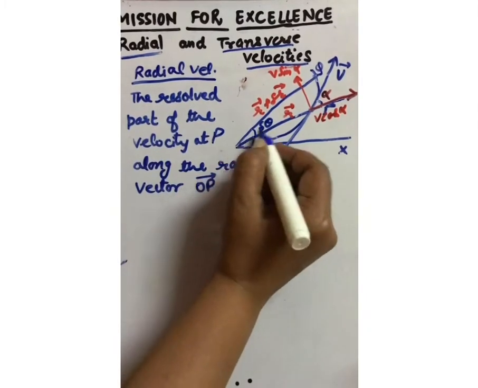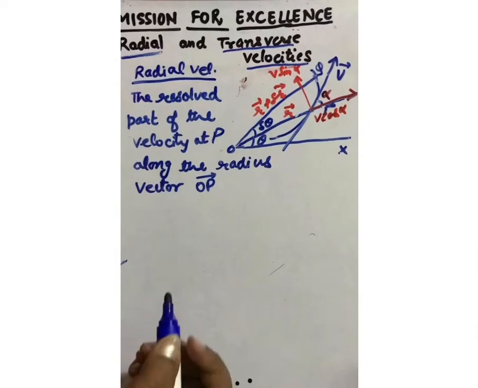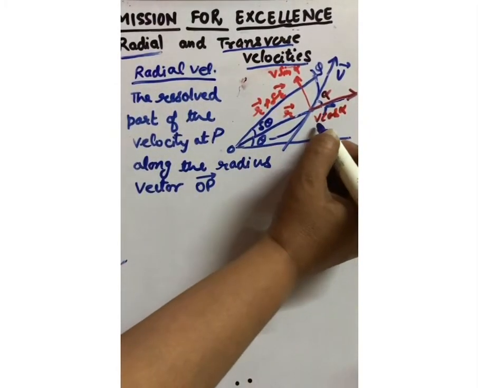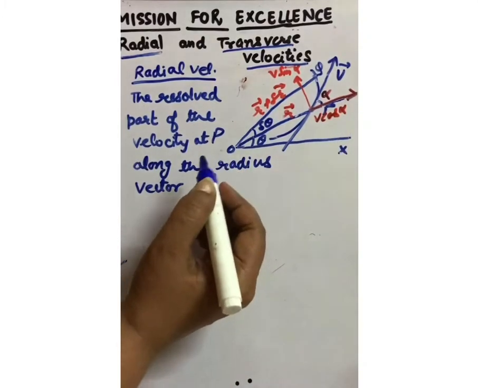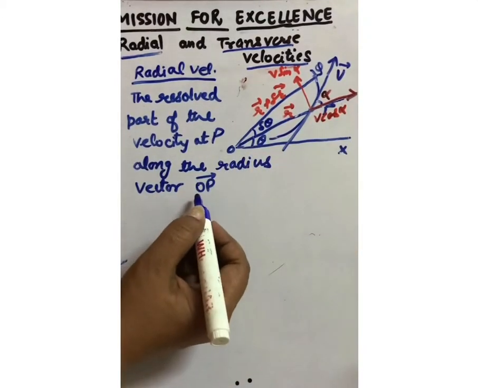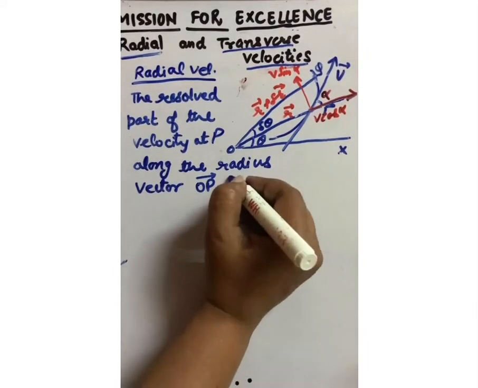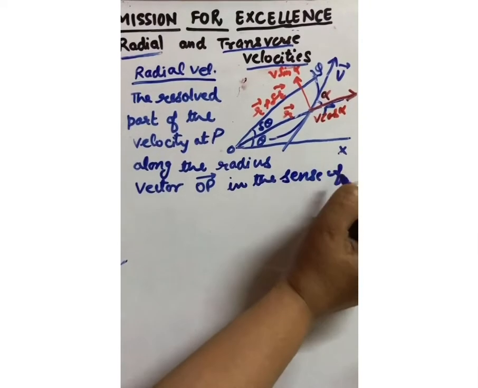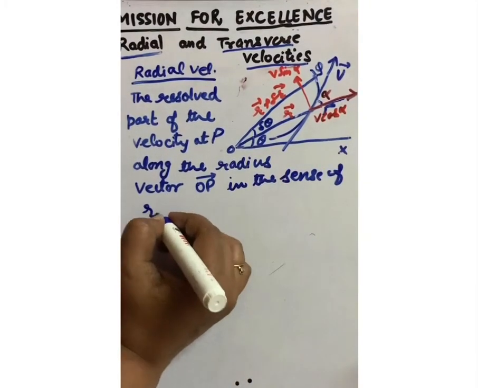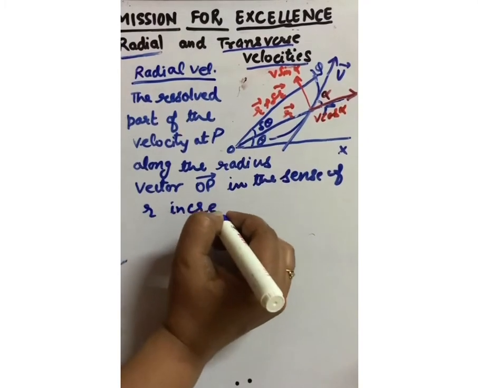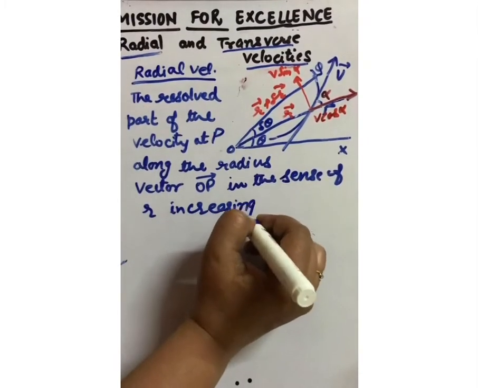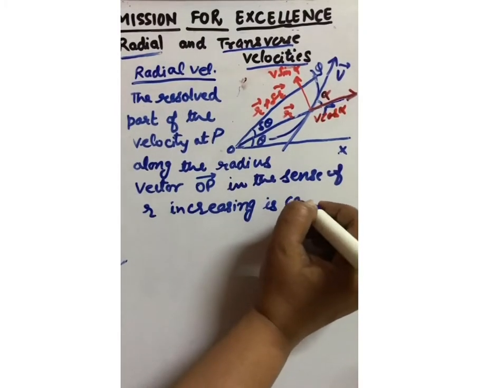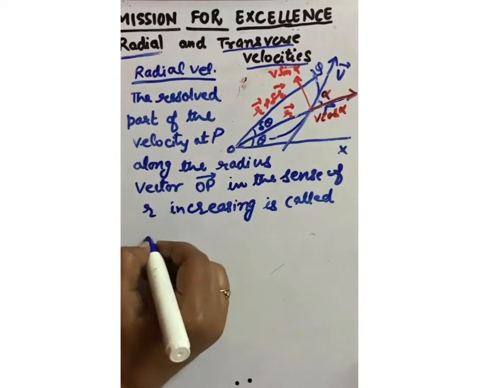OP is the radius vector, that is r. So in this direction, the component v cos alpha we are defining. It is known as the radial velocity along the vector OP in the sense of r increasing.